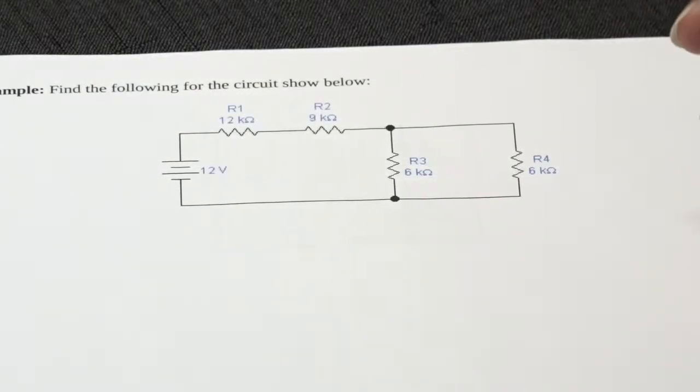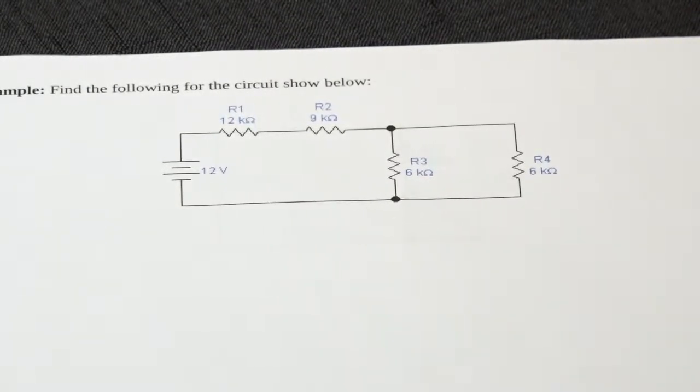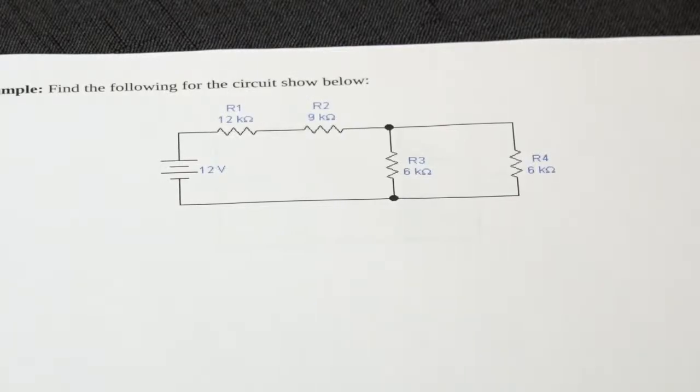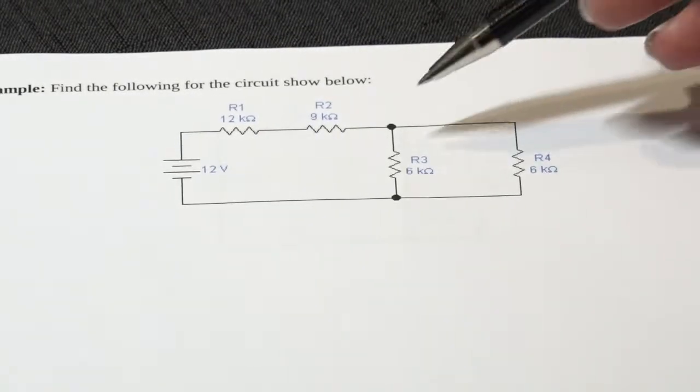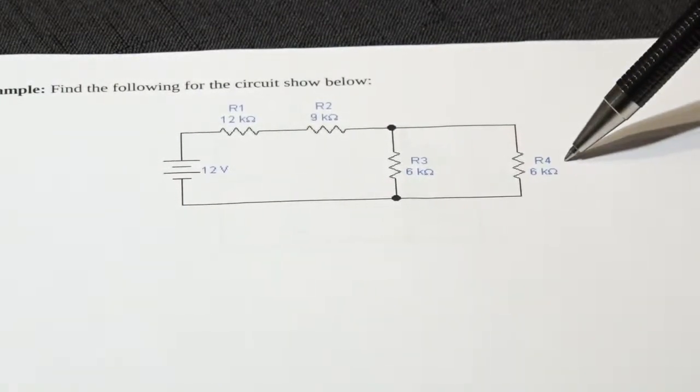Here we go with our circuit analysis. Now, how can we tell if things are in series or in parallel? Well, typically when we're going to find our total resistance in redrawing, we want to go furthest away from the source. Note R4 is furthest away from the source.